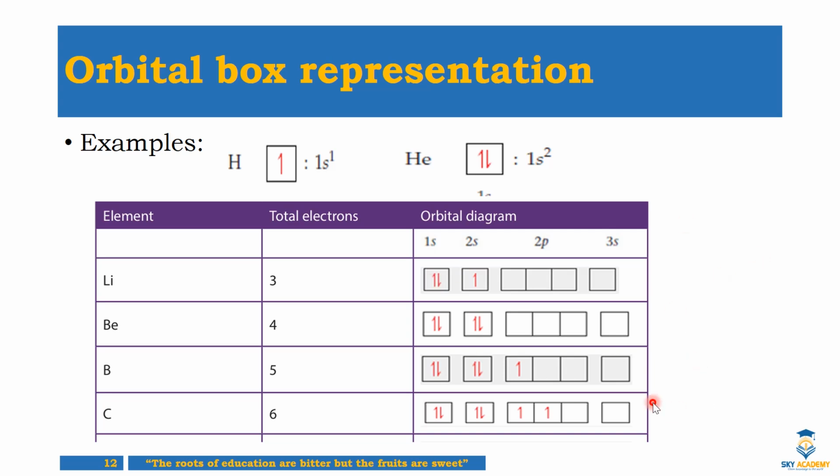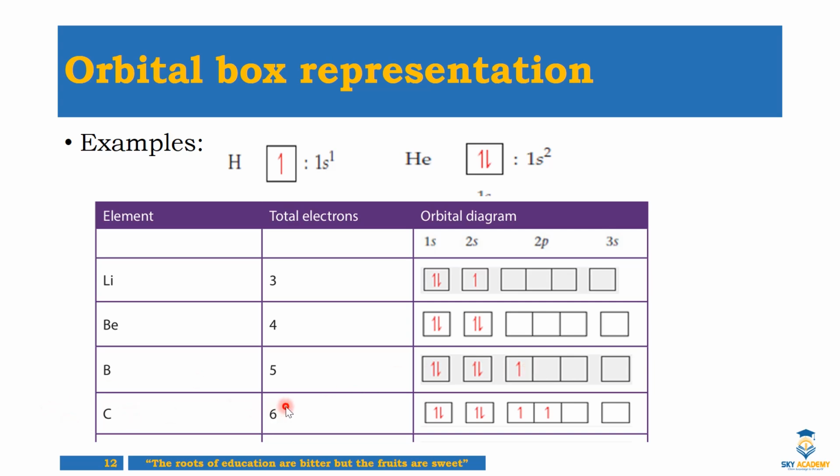The empty boxes do not need to be drawn here; you only need to write box 1 and box 2, because they have four electrons. Boron has 5 electrons, so it is 1s2, 2s2, 2p1. They need to be spinning like that. I think there's no problem.